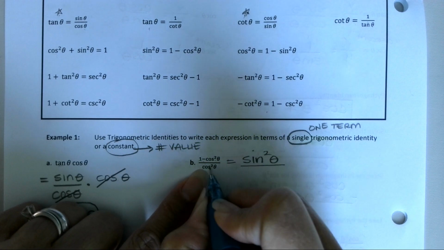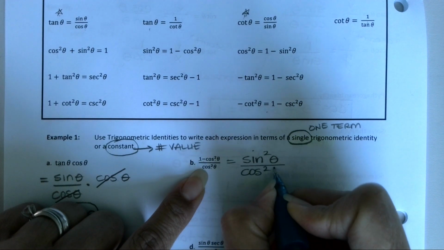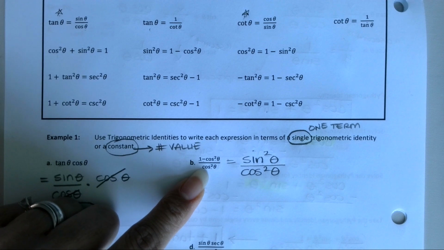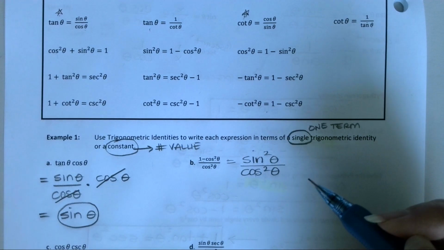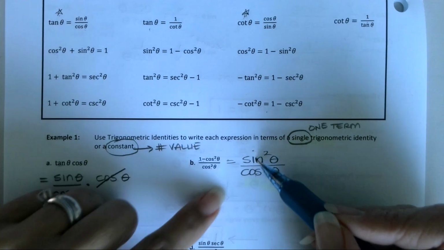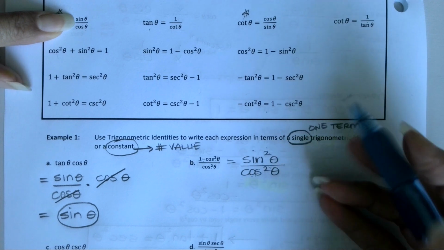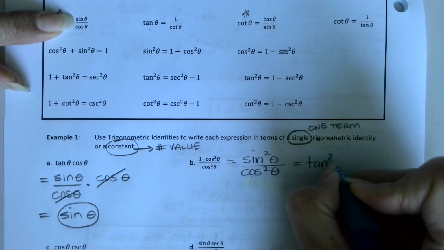Over this cosine squared, Hanlon said do not change. So I'm going to bring it over. Cosine squared. Now, doesn't sine over cosine ring a bell? Very good. Sine over cosine is this one right over here. She said tangent, but because both of these are squared, what are you guys going to tell me? Tangent squared.